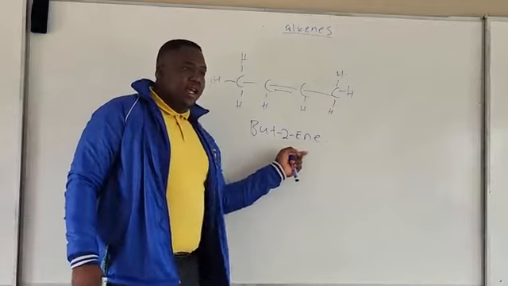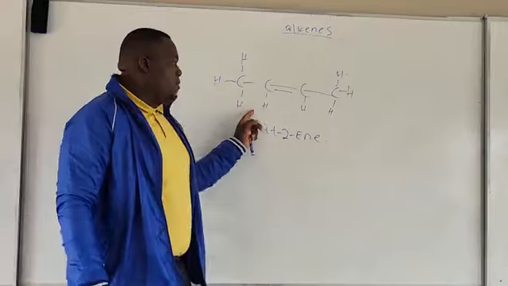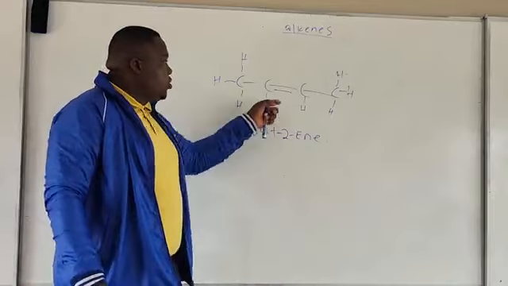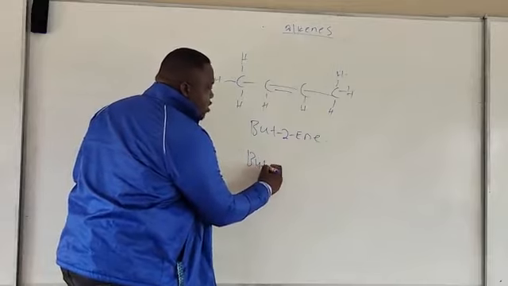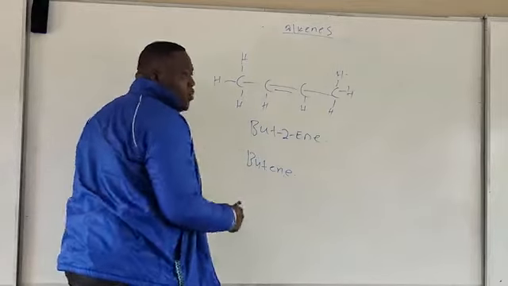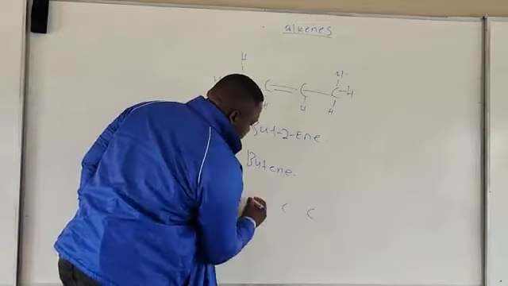Why are we writing it like this? So that when a person comes and draws this one, they will draw exactly this one. If we were to write that this one is butene, someone will draw something different. Look at this one. 1, 2, 3, 4.